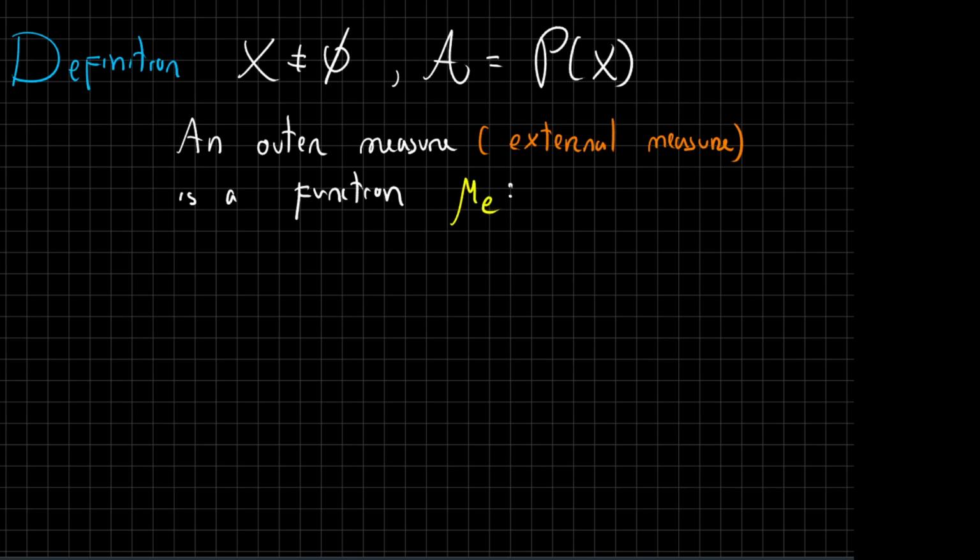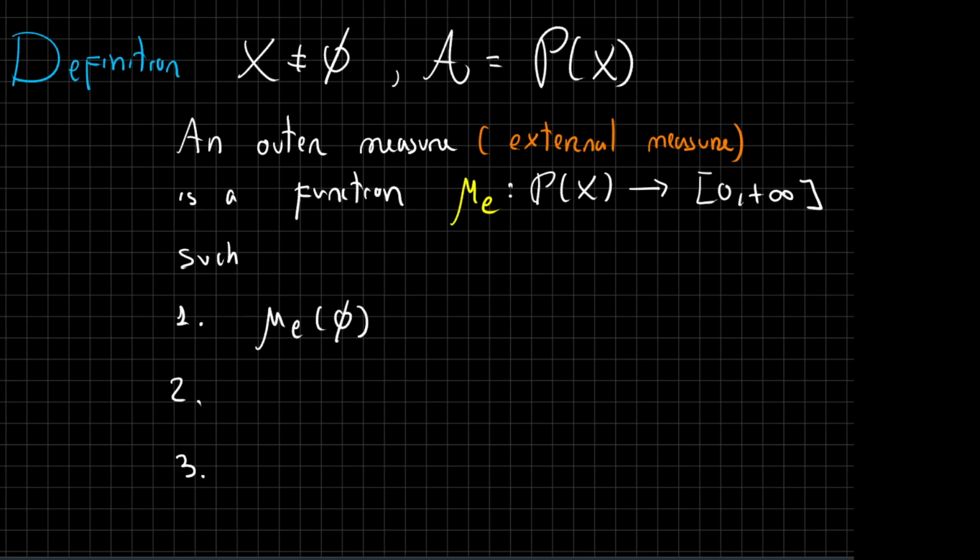Of course it could be any other, but this goes from the power set of X into the extended interval, such that the following holds. And we have three conditions. The first one is that the value of the empty set is 0.